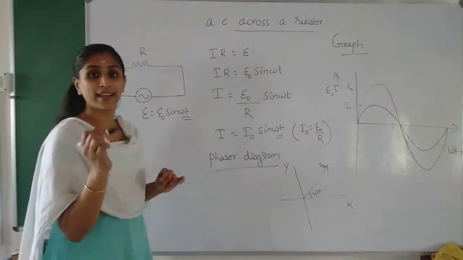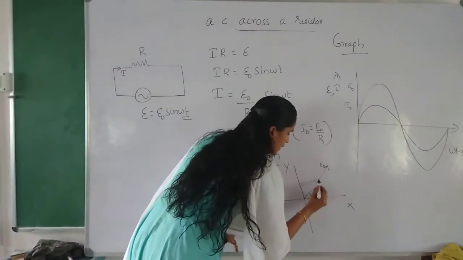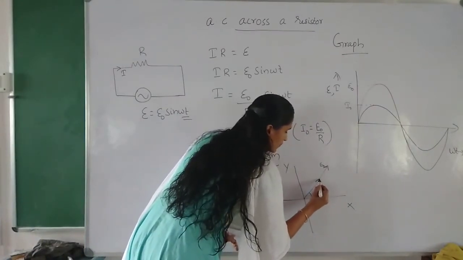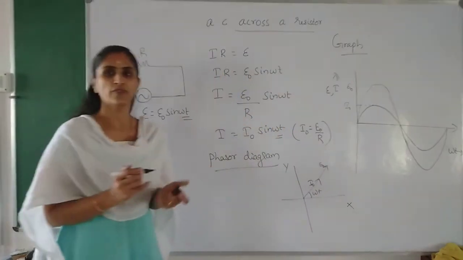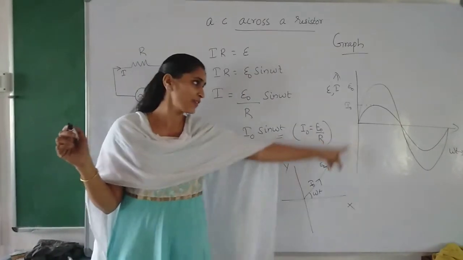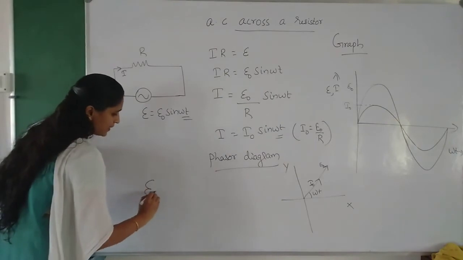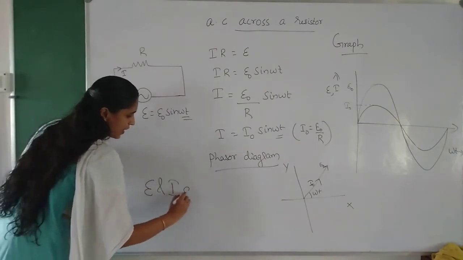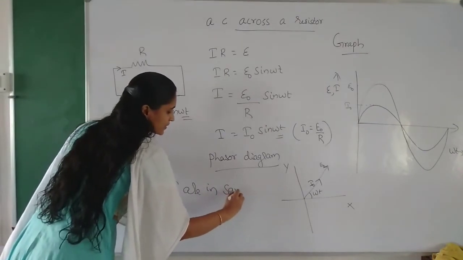And current is given by I is equal to I0 sin omega t. So both are along the same direction, both have the same phase. From this also we can say that voltage and current are in the same phase. We can write E and I are in same phase.